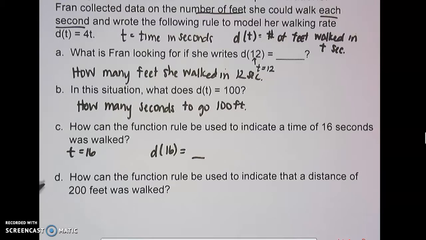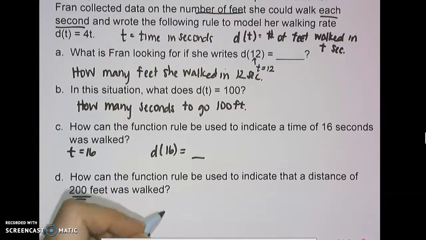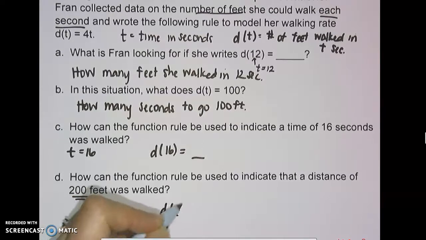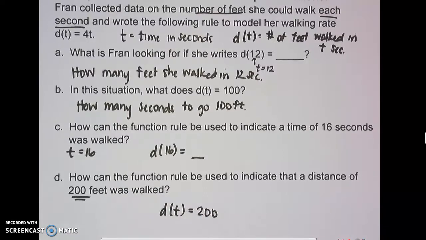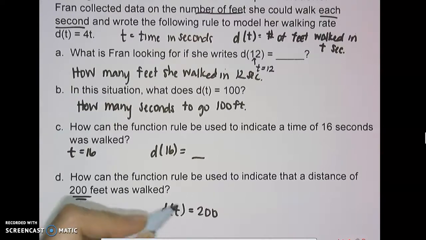Last one, how can the function rule be used to indicate that a distance of 200 feet was walked? This here is our end result. So we don't know how many seconds, so we're going to leave it as d of t equals 200. But we have to talk a little bit here about what we know about our options for t.